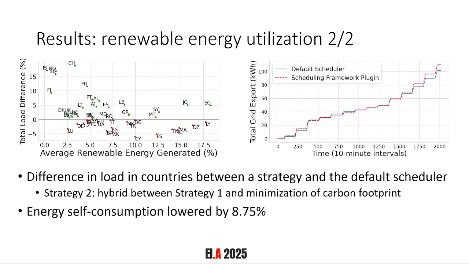If you use strategy 2, which takes into account and gives some priority to the carbon footprint of the energy in the local main grid, the result is that we self-consume close to 9% less energy. What about carbon footprint?